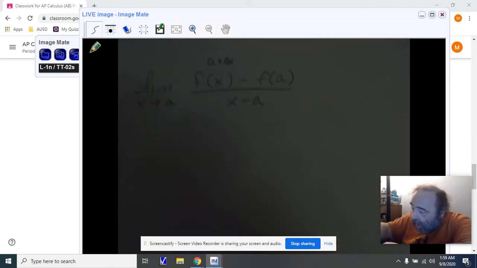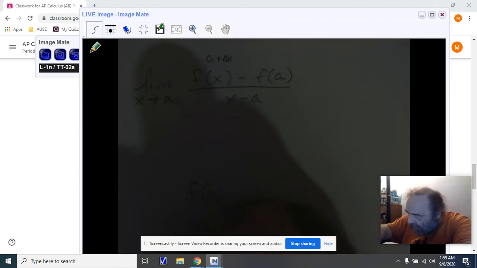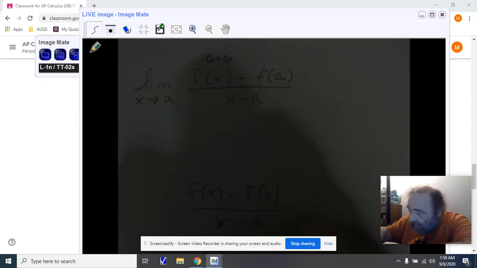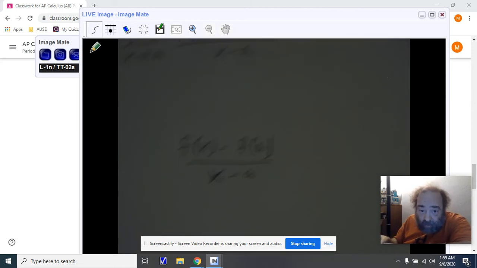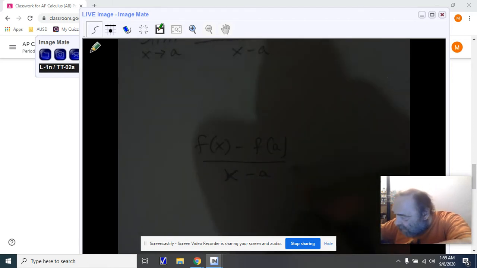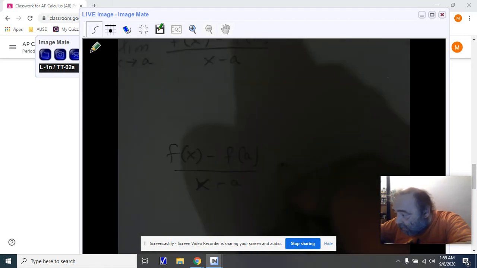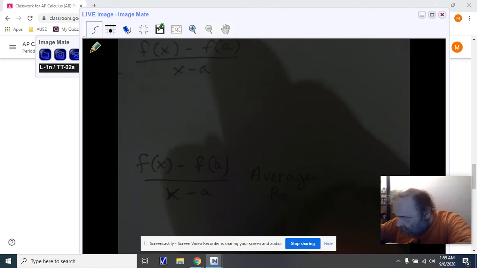If, however, I just work with f of x minus f of a over x minus a, this is called just a slope and a rate of change. We would refer to it in our class as an average rate of change.